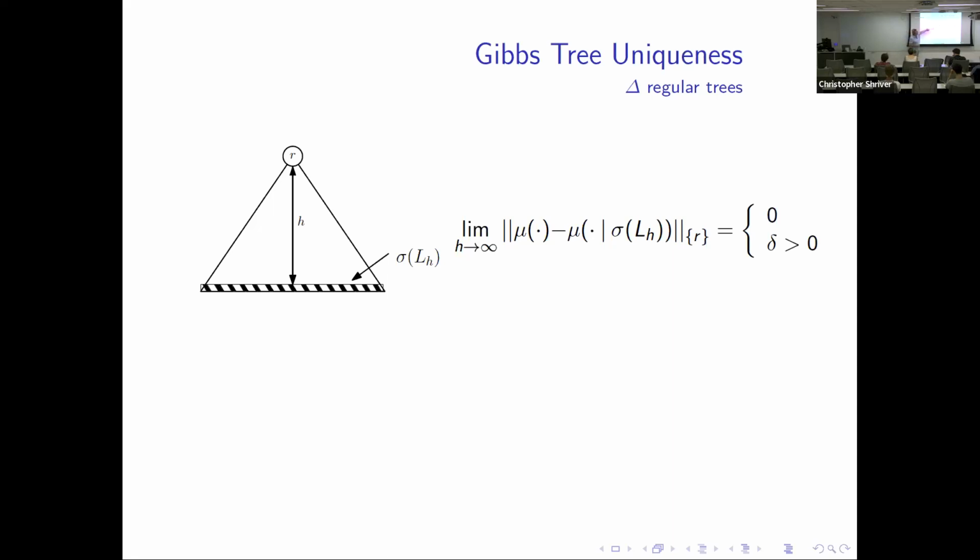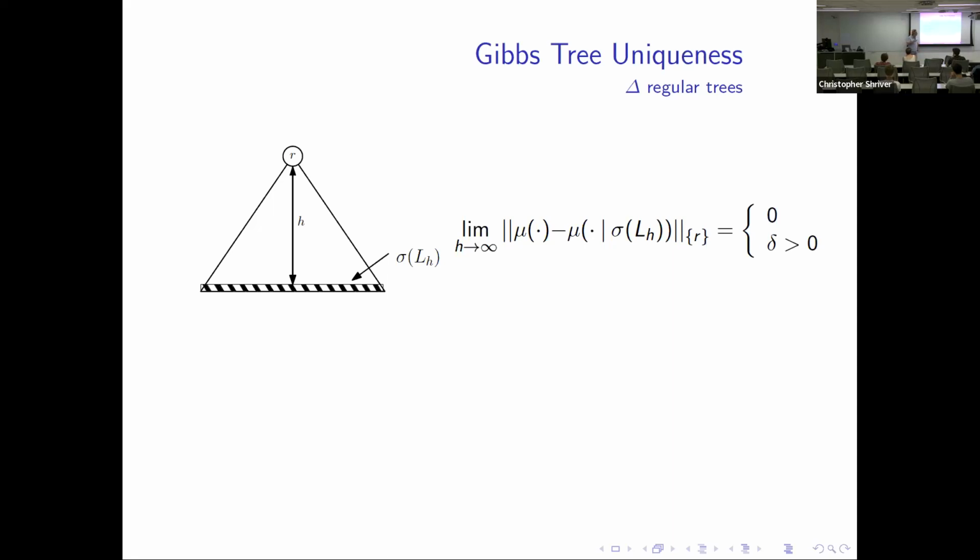What we want to do is compare the Gibbs marginal at the root with the Gibbs marginal at the root where, at distance h from the root, at level h of the tree, we impose some boundary conditions sigma. We want to compare these two marginals in L1 distance, in total variation distance, and particularly as h tends to infinity.